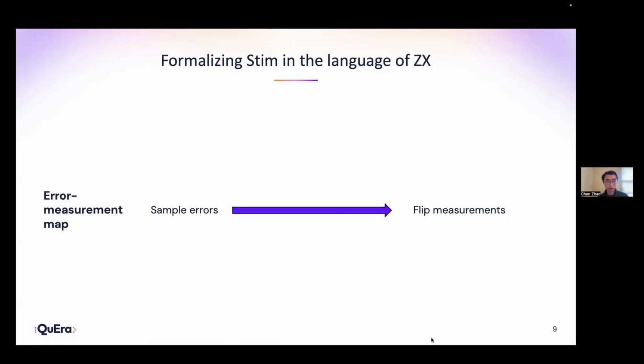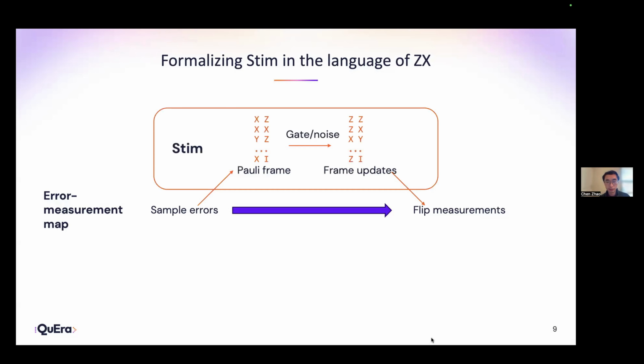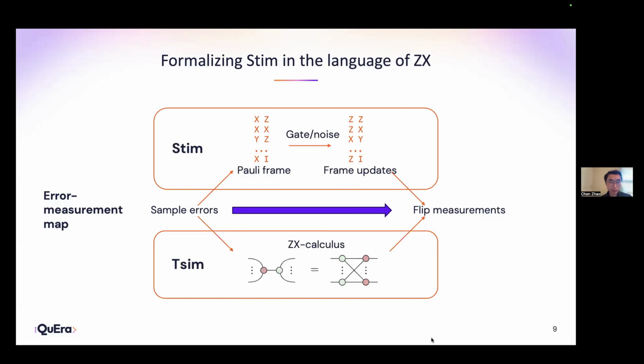Basically, I will abstract it as the error measurement map. You sample the error within the circuit, then apply the flip on the measurements. In STIM, it is tracked by Pauli frame and the frame update. And in tsim, we just use ZX calculus to sample the error. Then using the ZX rewrite, we can figure out which error will flip which measurement results.